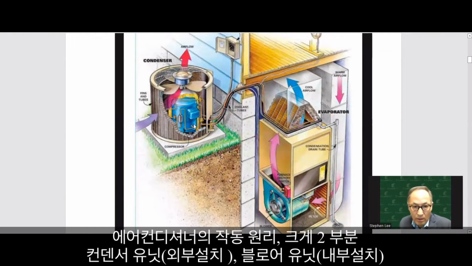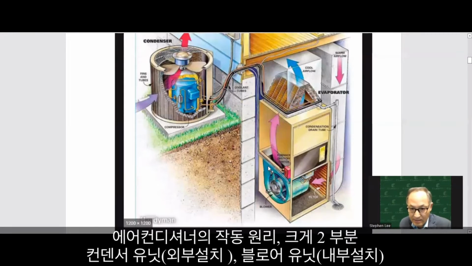This is the condenser unit we talked about, and it stays outside of the home or building usually, and the blower unit usually stays inside.